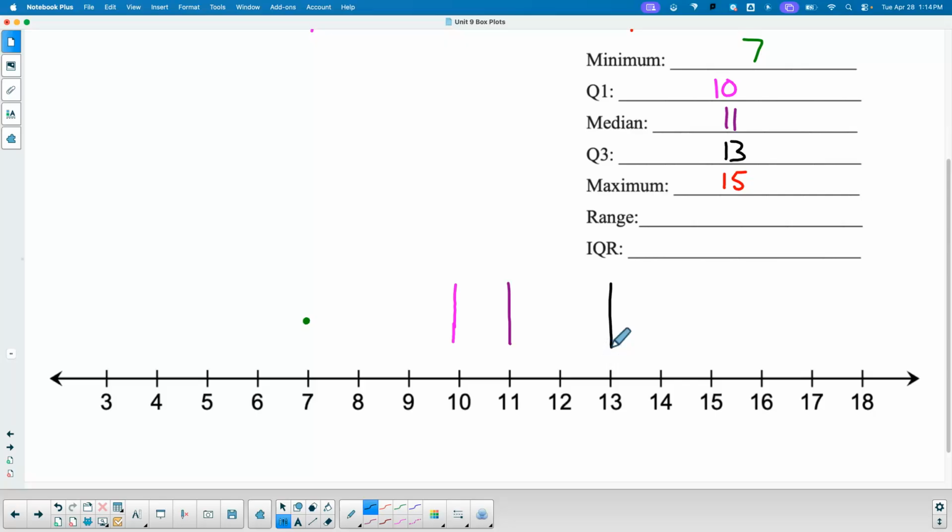Now that I've got those lines in, now I can draw in the rest of my box. And I can also draw in from my minimum. And then lastly, I put a dot again at my maximum and draw in that line.